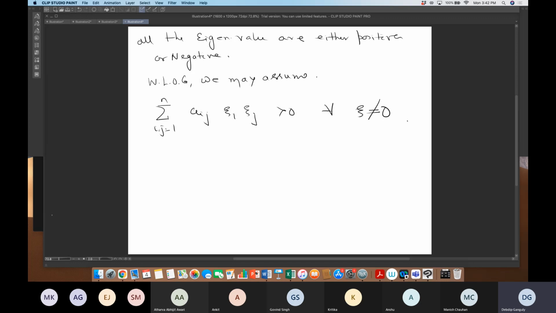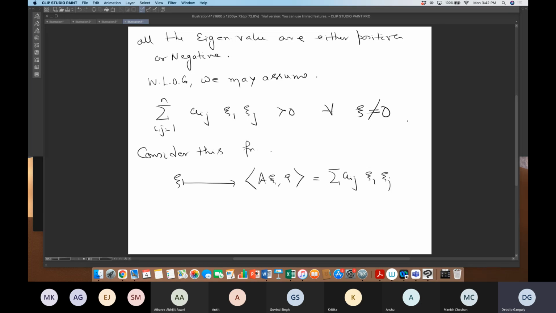Then consider this function, ξ going to A ξ ξ, the inner product. That means the summation of Aij ξi ξj.